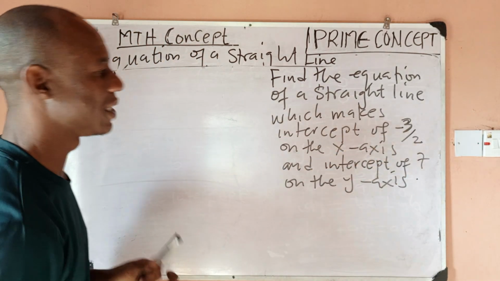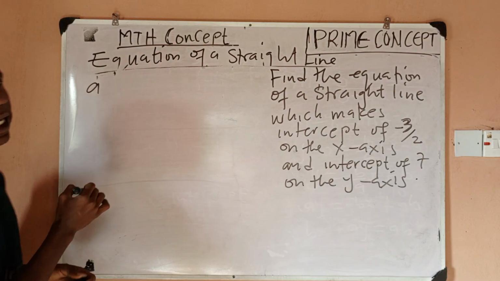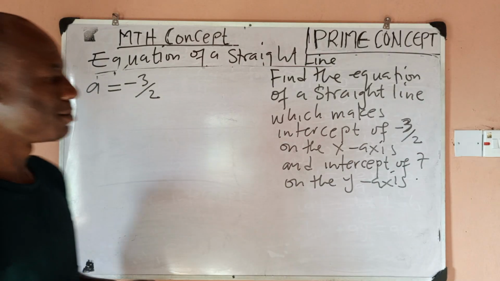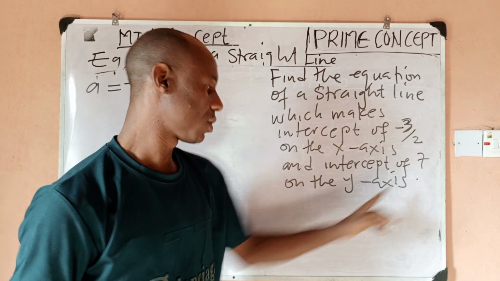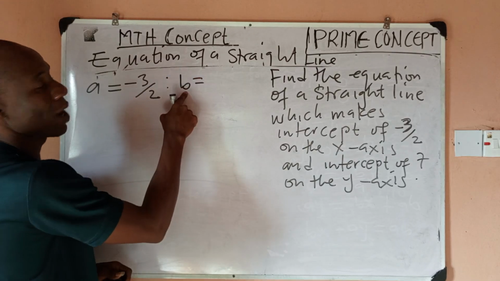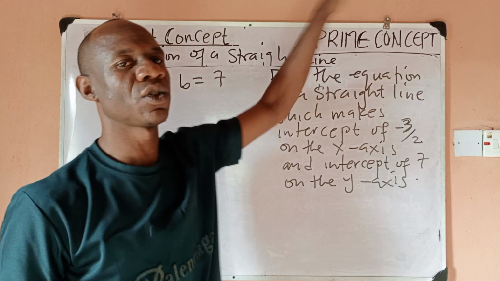So it simply means that our x-intercept, which we denoted by a, is actually minus 3 over 2. And then it makes an intercept of 7 on the y-axis, meaning that our b, which is the y-intercept, is 7.